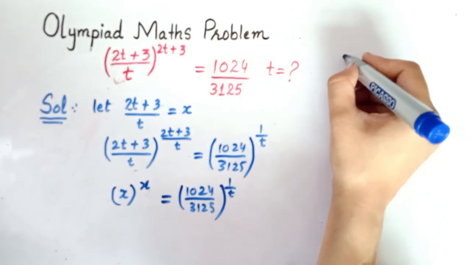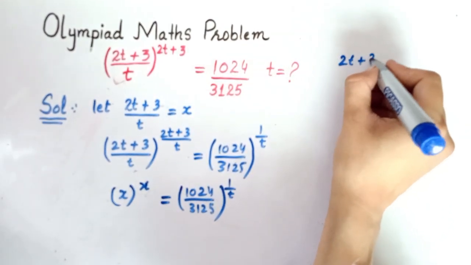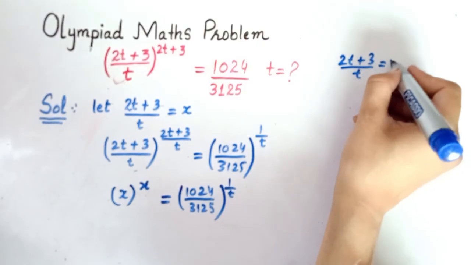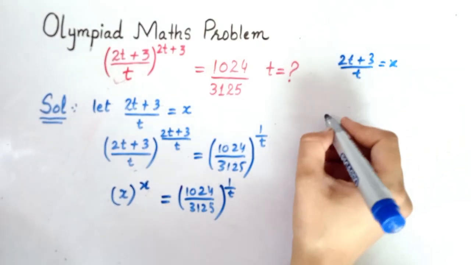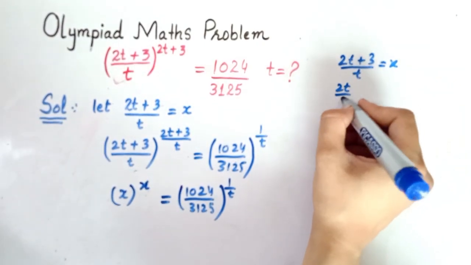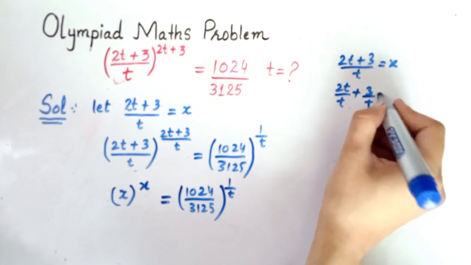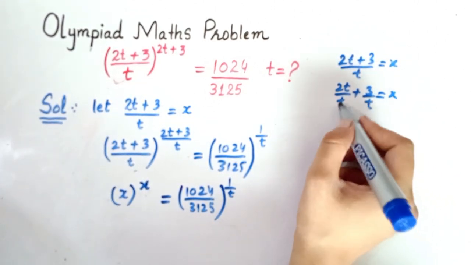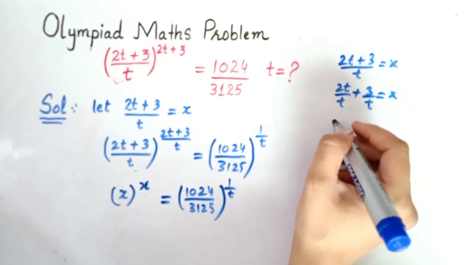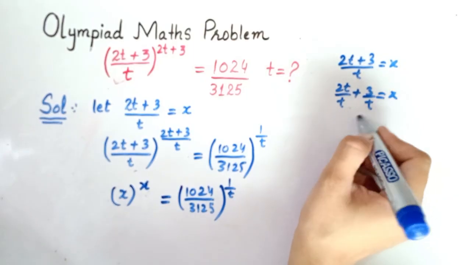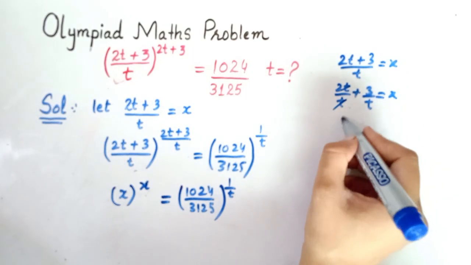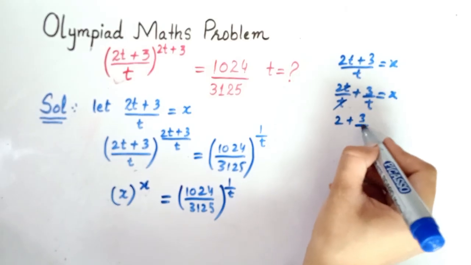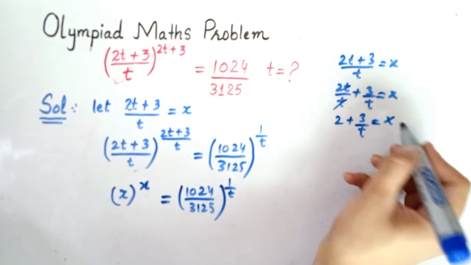Now we will solve this: (2t+3)/t equals x. 2t/t plus 3/t equals x. The t cancels out, so 2 plus 3/t equals x.